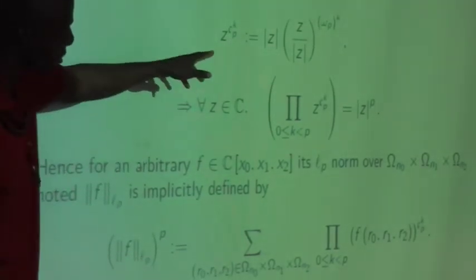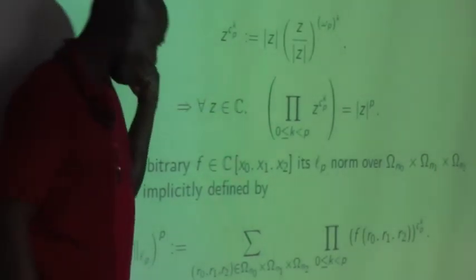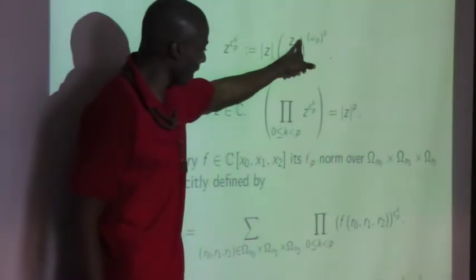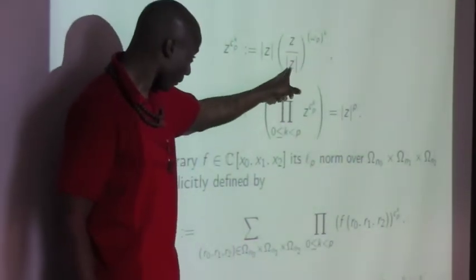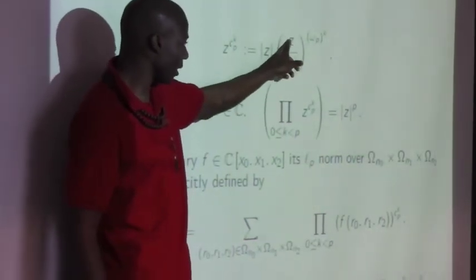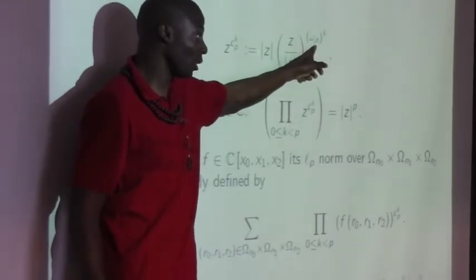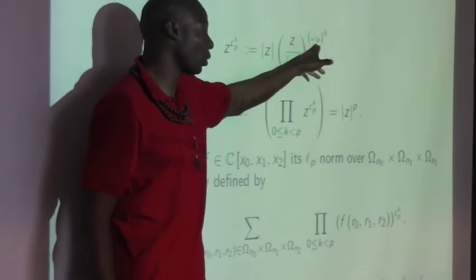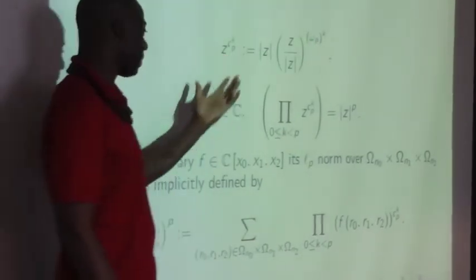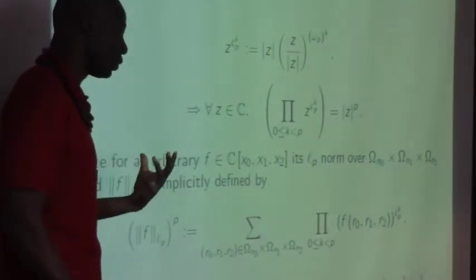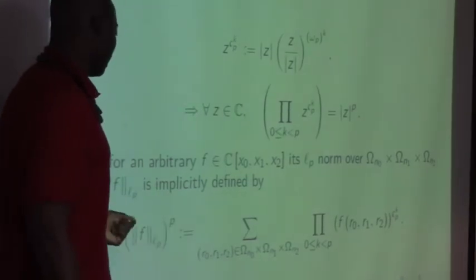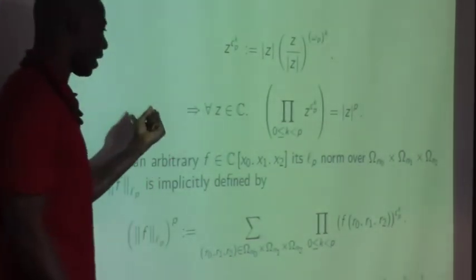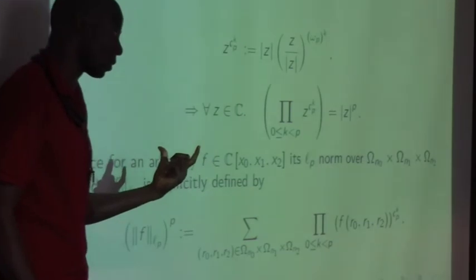And the argument is you do something similar. You take your complex number, take the polar form, the e to the argument, and then raise it to the appropriate root of unity. And here the root of unity that we'll use is going to be the third root of unity. What is nice about it is that it has the behavior you would expect, in that if you multiply f times f conjugate, you get the absolute value squared.